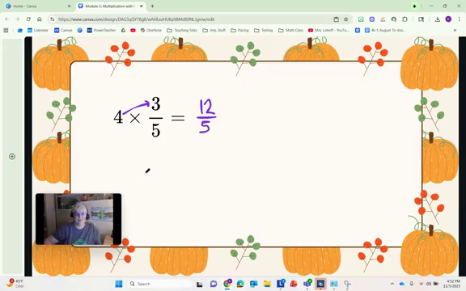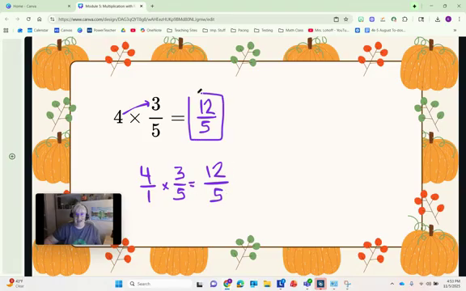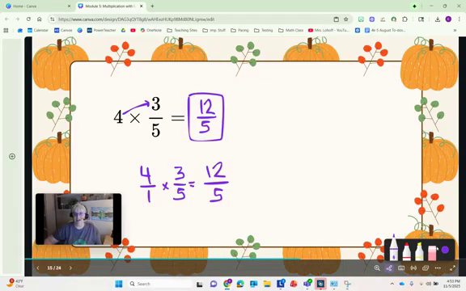If I want to write 4 as a fraction, it would be 4 over 1, and then I can multiply it by 3/5. And when we multiply fractions, we multiply straight across. So 4 times 3 is 12, and 1 times 5 is 5. Same answer. And we have an improper fraction here, so we need to convert that to a mixed number.